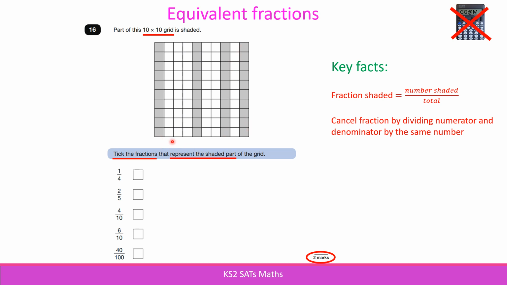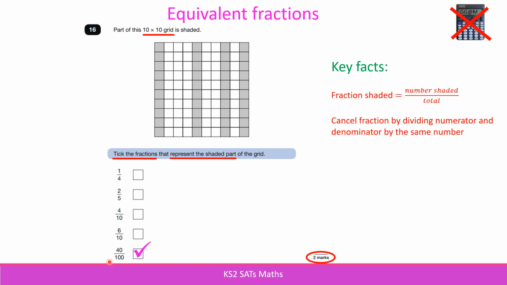So I've got 10, 20, 30, 40 that are going to be shaded. Now 10 times 10 is 100. So the fraction to start with is 40 over 100, because I've got 40 shaded and 100 is the total.